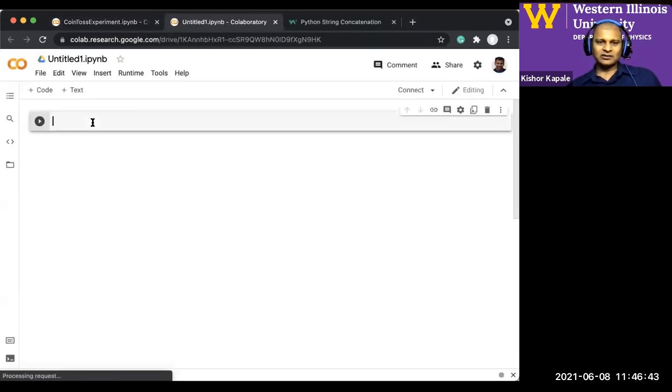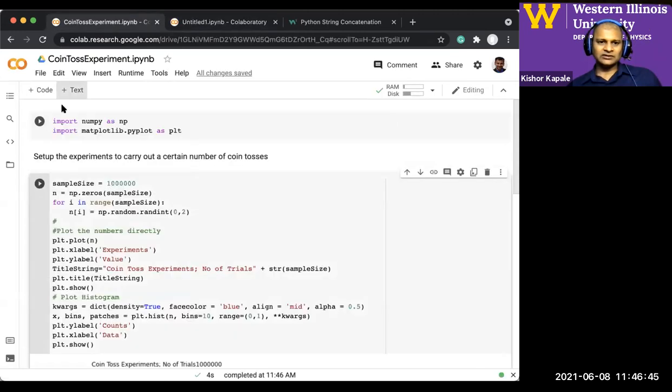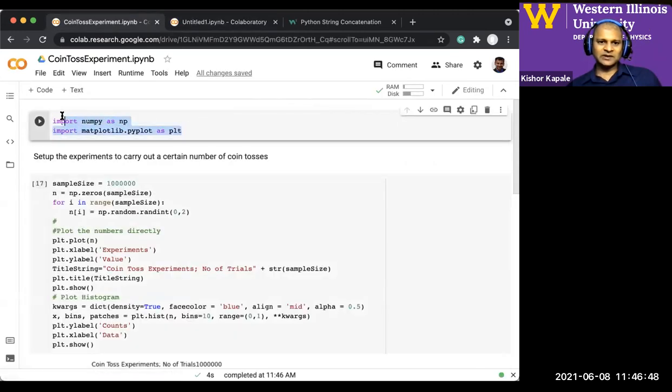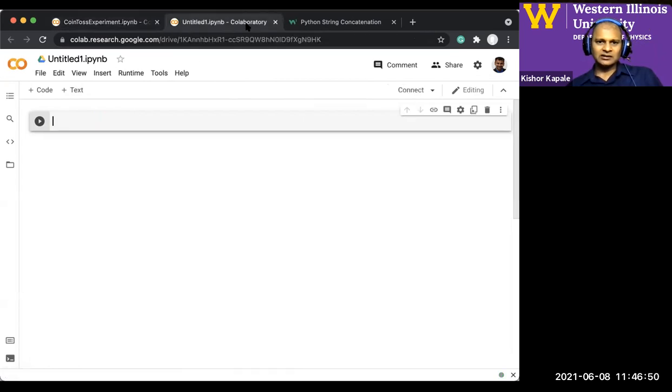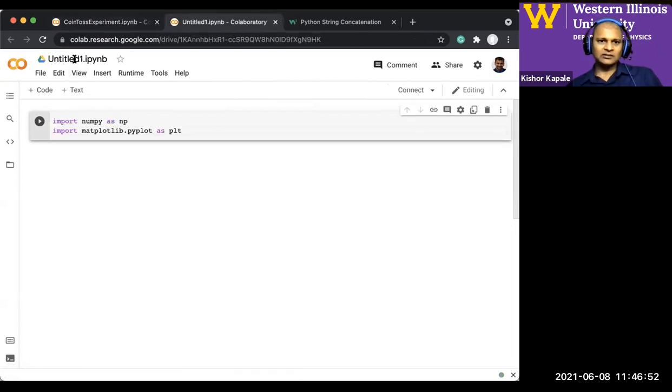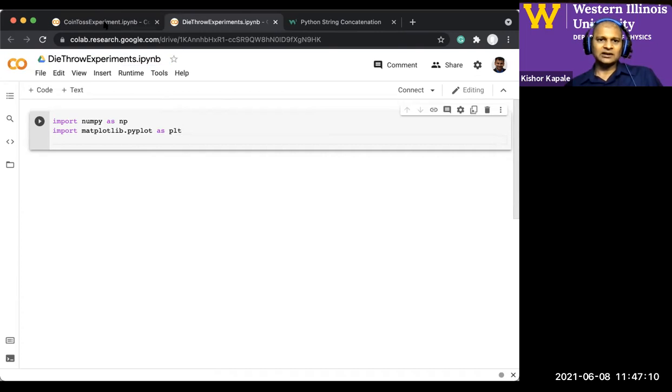So we have a die that we're going to throw, and what I'm going to do is copy everything from the coin toss experiment just as it is. So we're going to throw multiple dice.